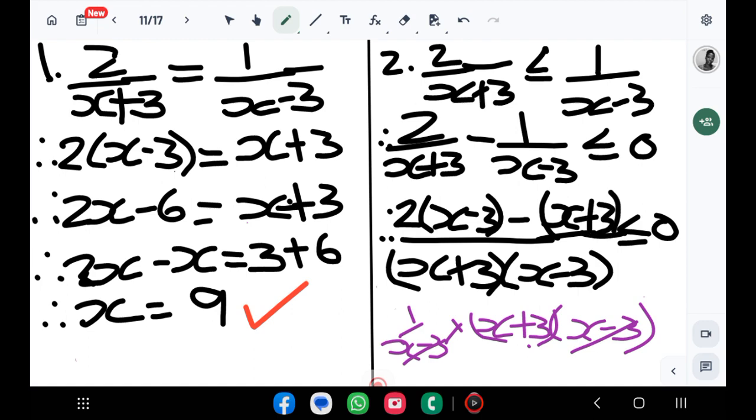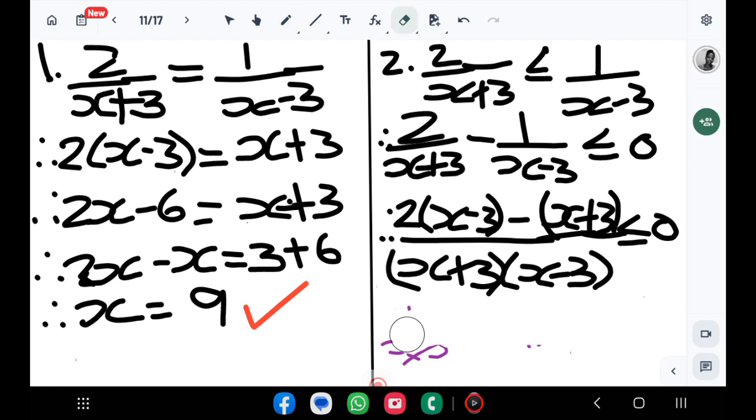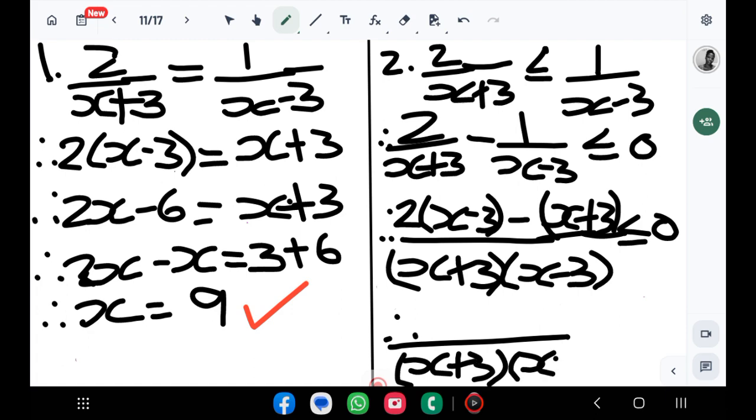Alright, so now you solve as you would any fraction. So on the left hand side now, let's add, so that therefore becomes, all over x plus 3 times x minus 3, less than or equal to 0.